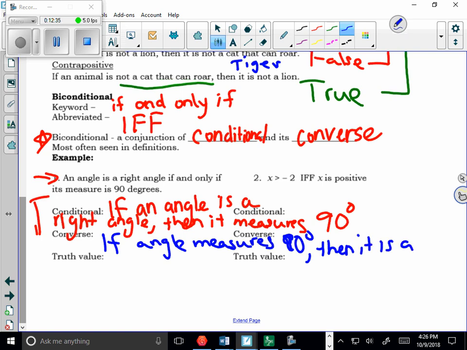That's also true. If I got both of those are true, then my truth value of that whole biconditional is also going to be true. Why don't you guys try number 2, and we'll talk about that next class.